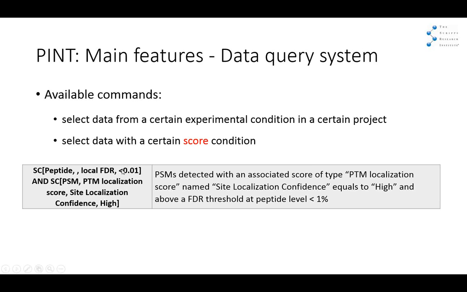So these terms can be used in a lot of fields in the commands. So the query is to select the PSMs detected with an associated score of type PTM localization score, name site localization confidence, equal to high, and a false discovery rate threshold at peptide level of less than 1%, for example.